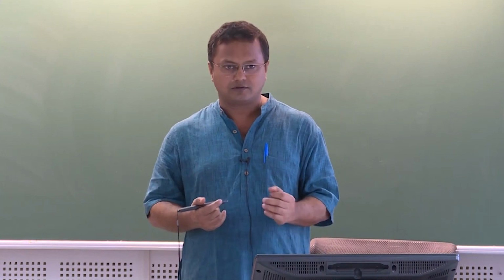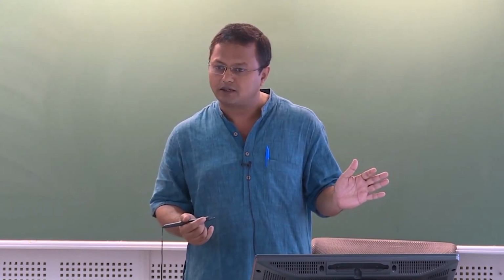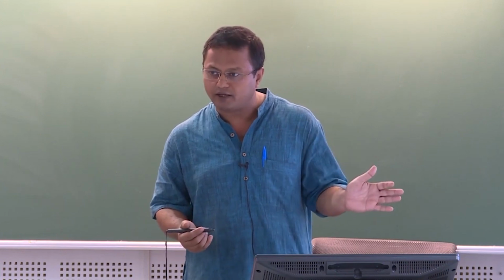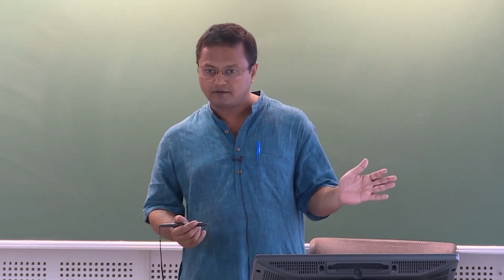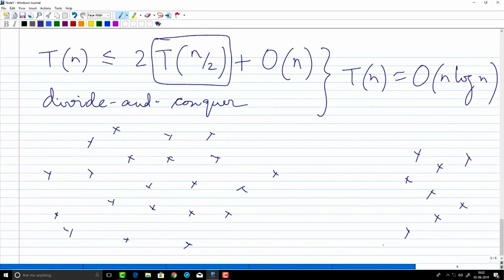Okay. So, all of you have studied the median finding algorithm, right. In linear time you can find the median. So, this is the knowledge I take from your algorithm study: we can find the median in order n.